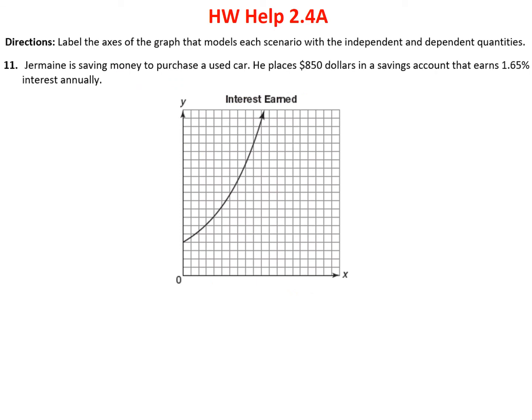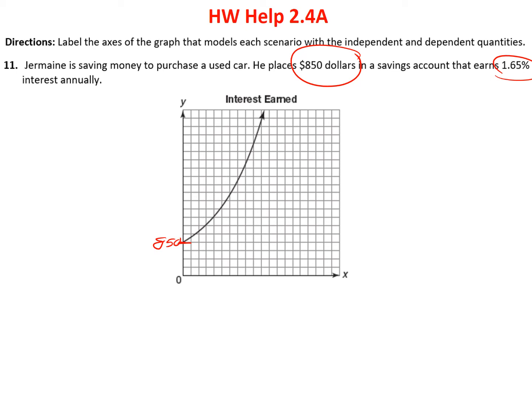Problem 11, Jermaine is saving money to purchase a car. He puts $850 in a savings account that earns 1.65% interest. So in this sense, he starts at this amount of money, $850, and then it goes up.